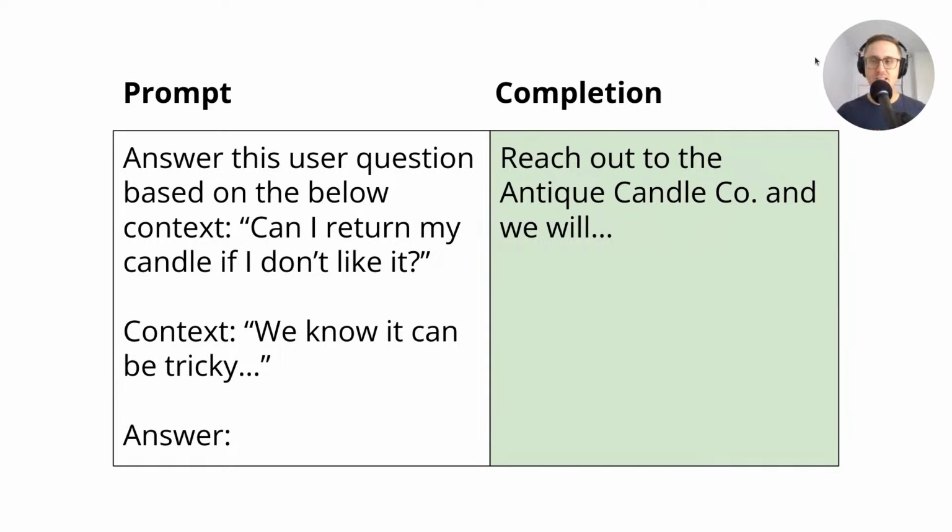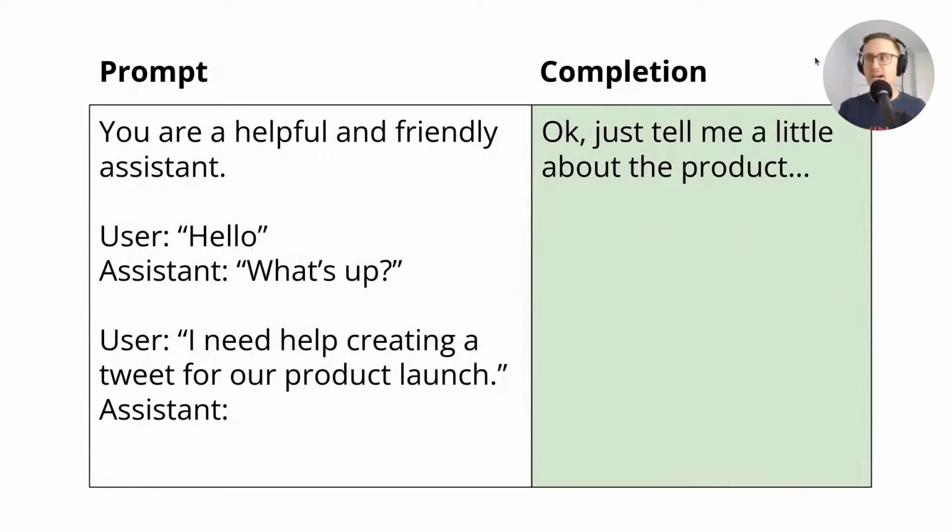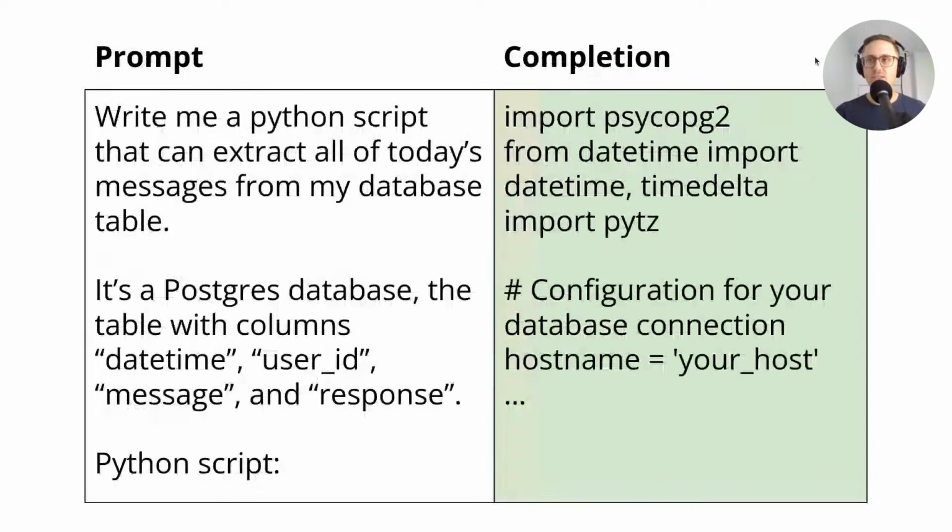And I could paste in some context from some previous chat messages or something, and then have it give an answer. And so it's very useful at that. But also I could just create a general chat assistant. I could provide an instruction to be helpful and friendly, and I get kind of a general chat sort of thing. But I can also do really interesting things.